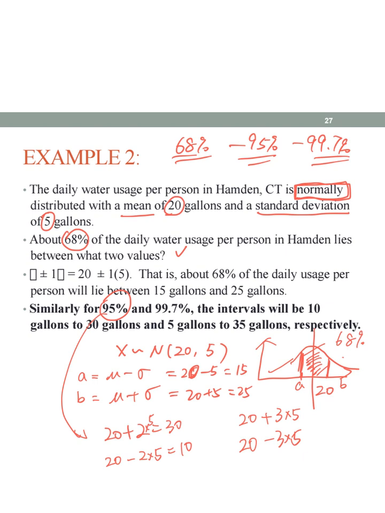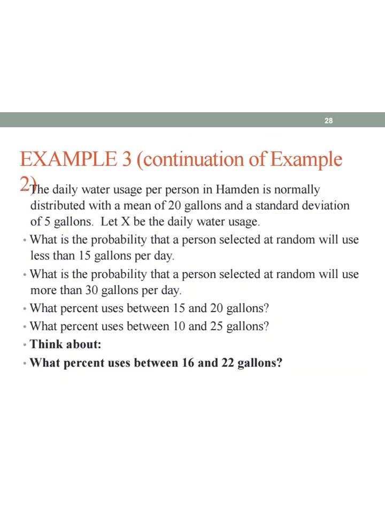Okay, if you don't have a problem, we have some follow-up regarding this example. I still use the example of the water usage in Hamden. Now I don't give you the percentage. I want you to find the percentage, the probability.